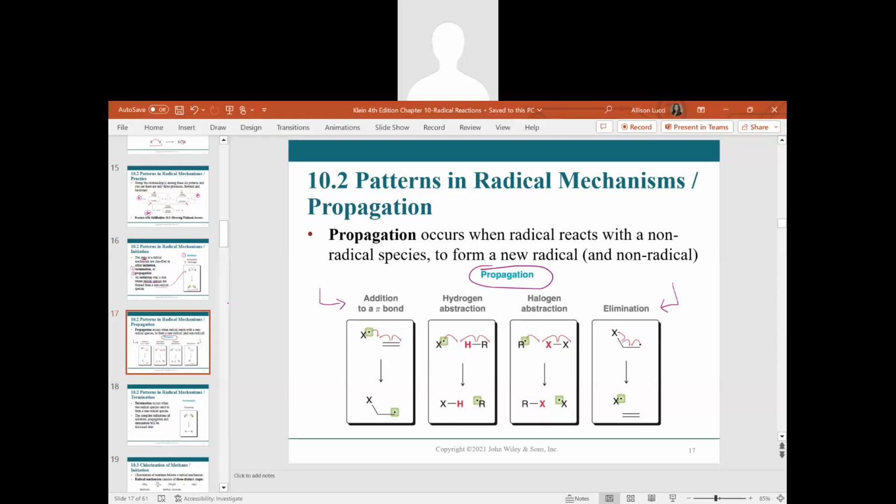We have a radical now, in all of these steps, reacting with a non-radical species to form a new radical and a new non-radical species. Or I'm sorry, in this first case, only a new radical species, but in each of these cases, we're going to have a radical and a non-radical.